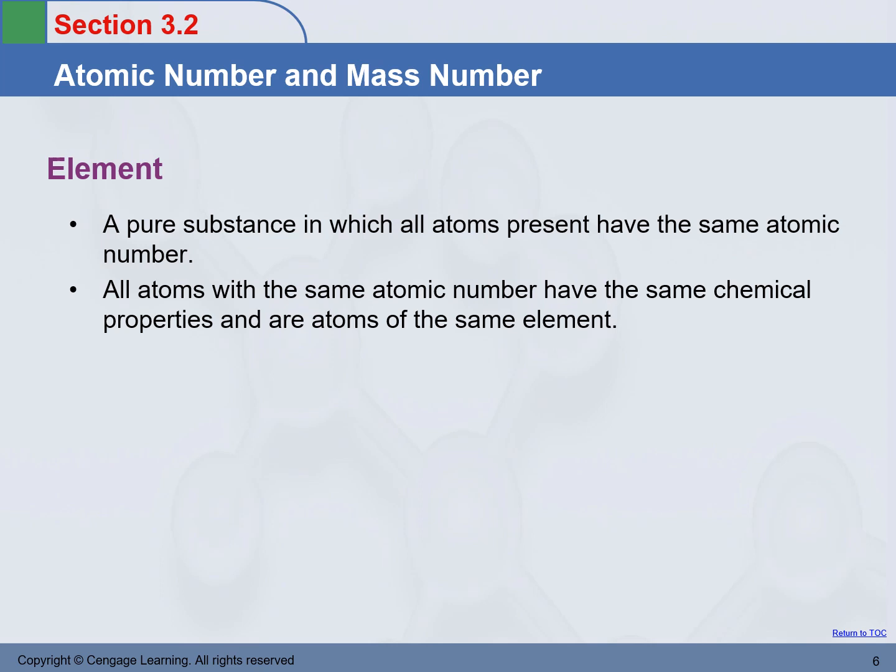Same kind of atoms. Atoms with the same atomic number are the same kind of atoms. All atoms with the same atomic number have the same chemical properties and are atoms of the same element. Atoms with the same atomic number have the same chemical properties.